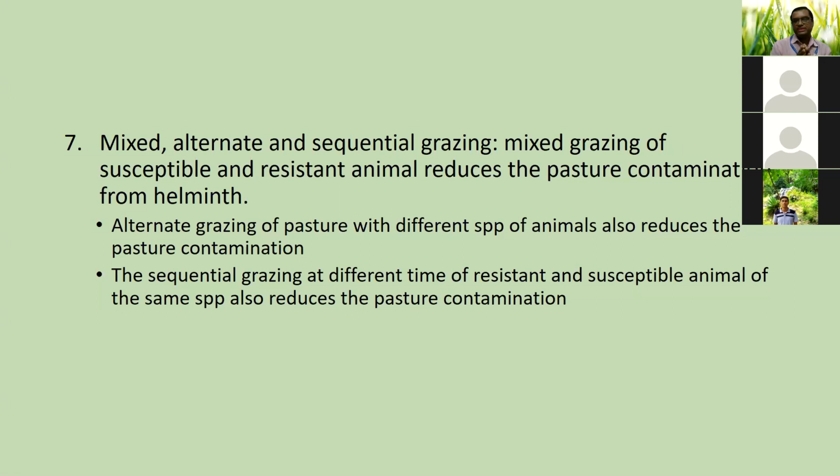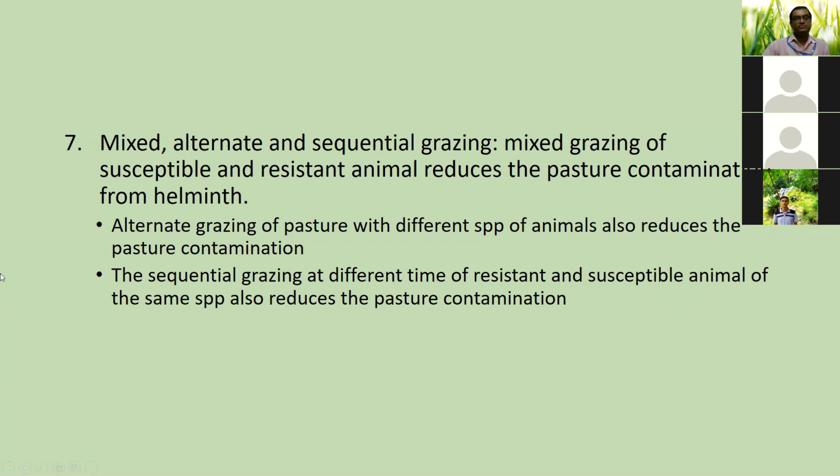By mixing, we can reduce the level of contamination in the pasture, especially against helminthic parasites. The idea is to reduce pasture contamination by introducing resistant animals, so that if the parasite present on the pasture is engulfed by a resistant host, the parasite will not survive. That will reduce the level of contamination in the pasture.